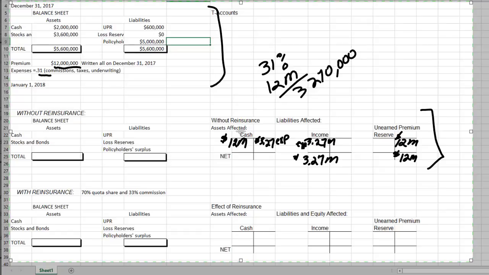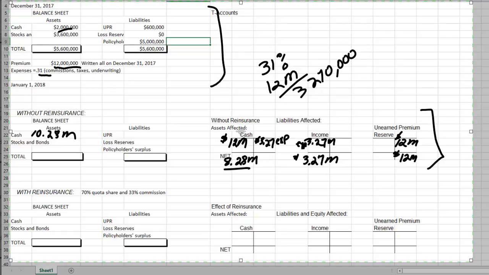And the difference here in cash is an increase or a debit to cash of $8.28 million, which is just our $12 million minus our $3.27 million. So let's go back to the balance sheet, and our cash will be the $2 million here plus the $8.28 million. So that's $10.28 million.